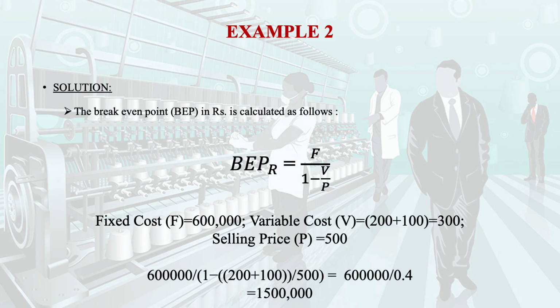So if we calculate the break-even point in terms of revenue or in terms of money, it comes to 15 lakh rupees. If you go beyond 15 lakh rupees, you will earn a profit; below that, there will be a loss.